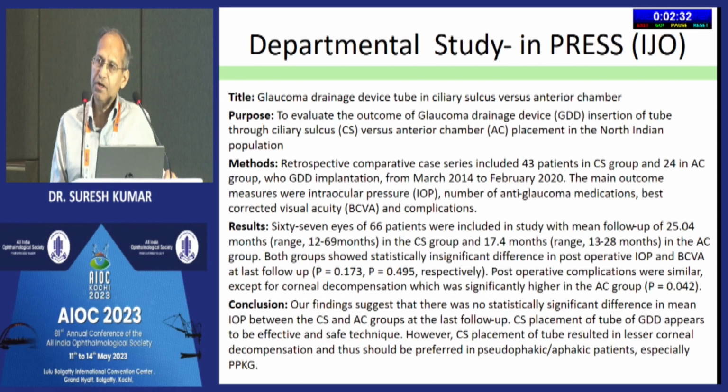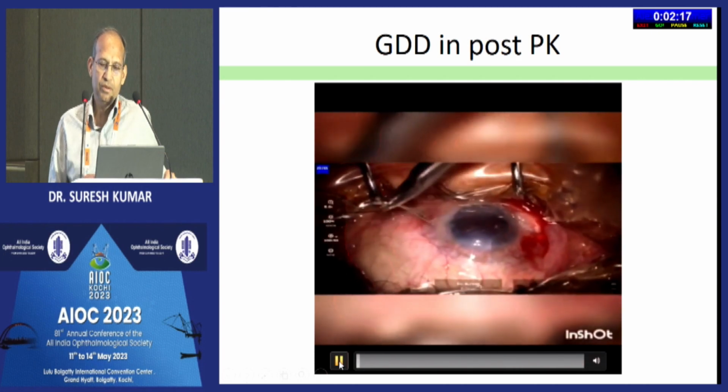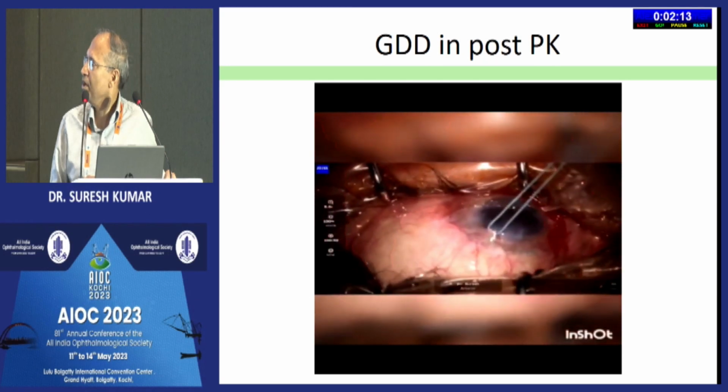So we advocated use of the tube in the sulcus wherever possible, like in patients having aphakia or pseudophakia, especially in post-penetrating keratoplasty glaucoma. So a small video showing AGV implantation in post-penetrating keratoplasty glaucoma.